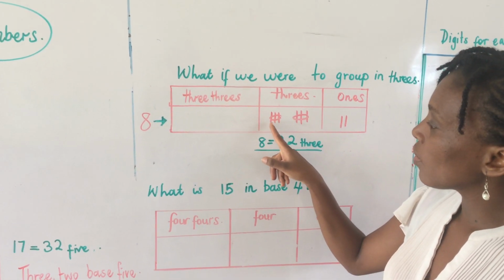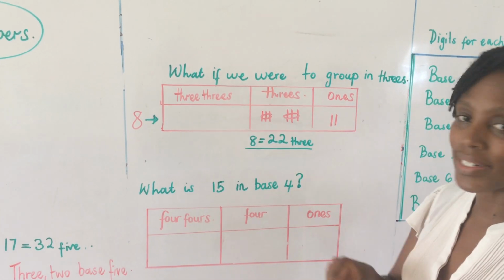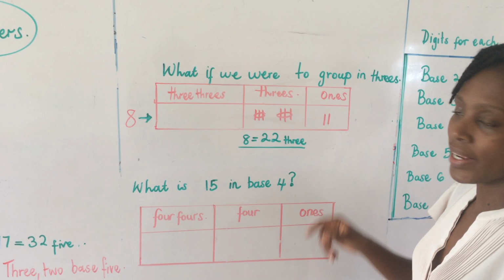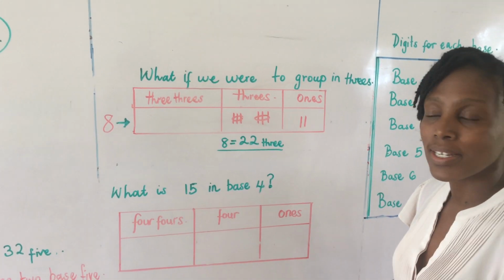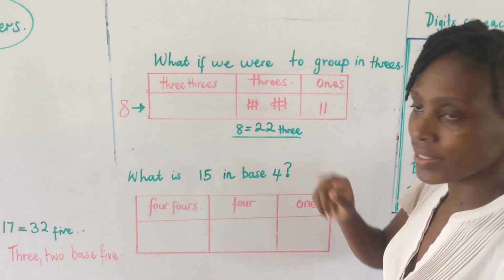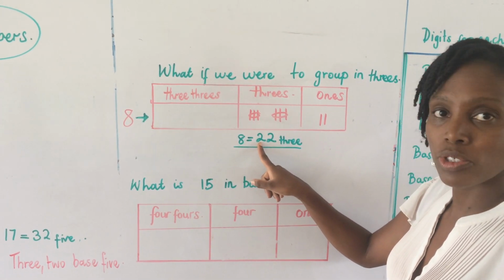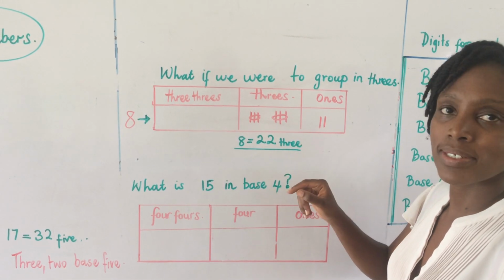Count with me: 3, 6, 7, 8. So 2 threes is 6 plus 2 ones is 8. So what that means is 8 in base 3 is 2 groups of 3 and 2 ones.